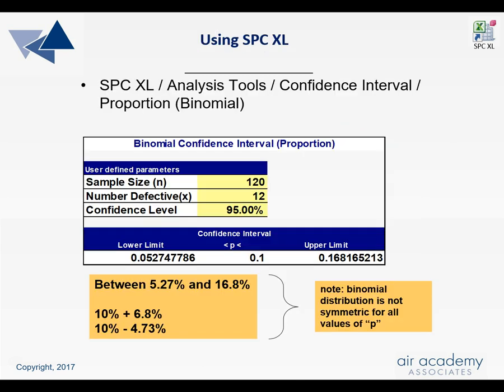Well, to get that, we just go to SPC Excel, the analysis tools, confidence interval, and you choose the proportion, binomial in parentheses. So you have to input 3 things: the sample size, which in this case is 120, and the number defective. Now the term defective is still a carryover from the quality world.